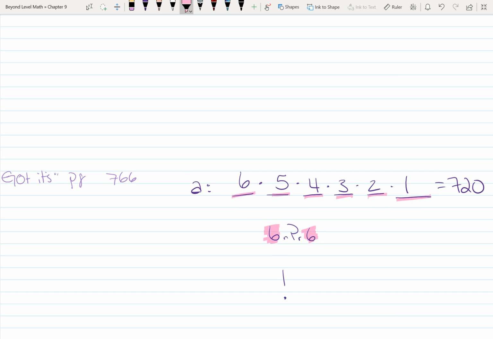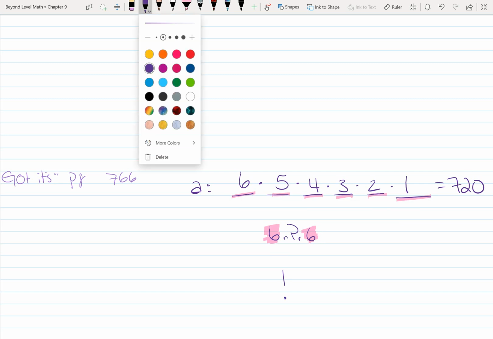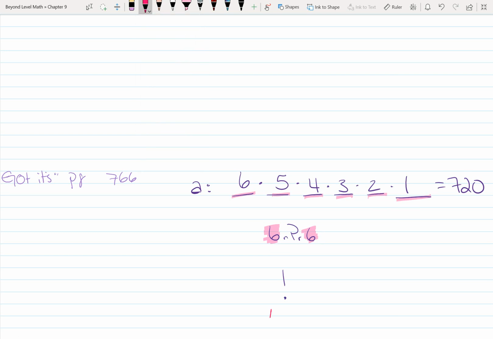If it gave you 6 factorial, that really means 6 times 5 times 4 times 3 times 2 times 1. So it truly means the exact same thing.